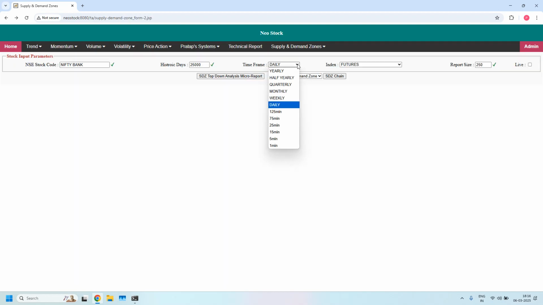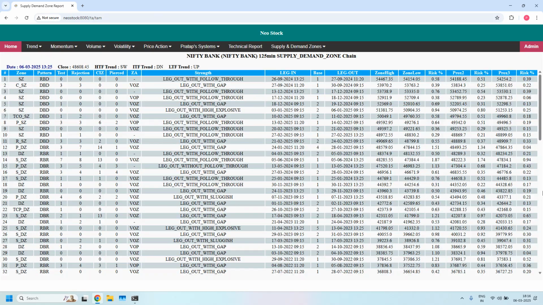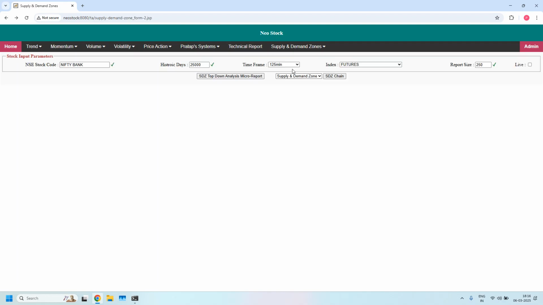Next, 125-minute supply demand zone chain for BANKNIFTY. Next, 75 minutes supply demand zone chain for Bank Nifty.